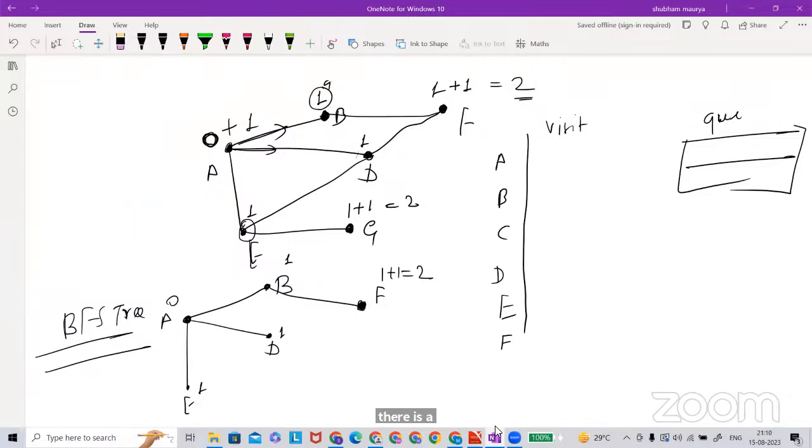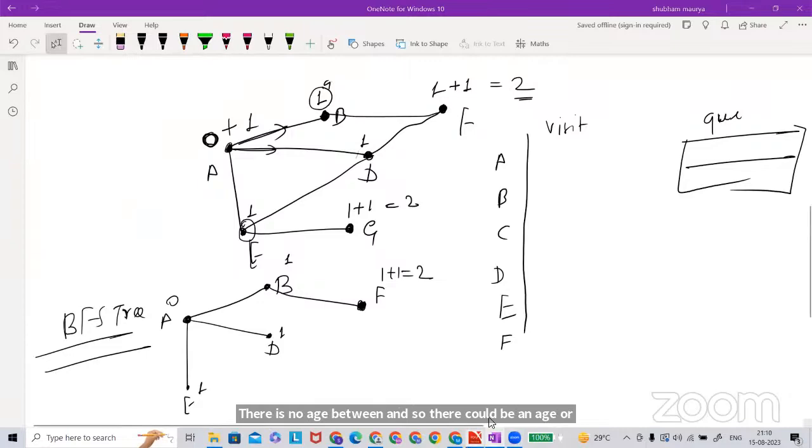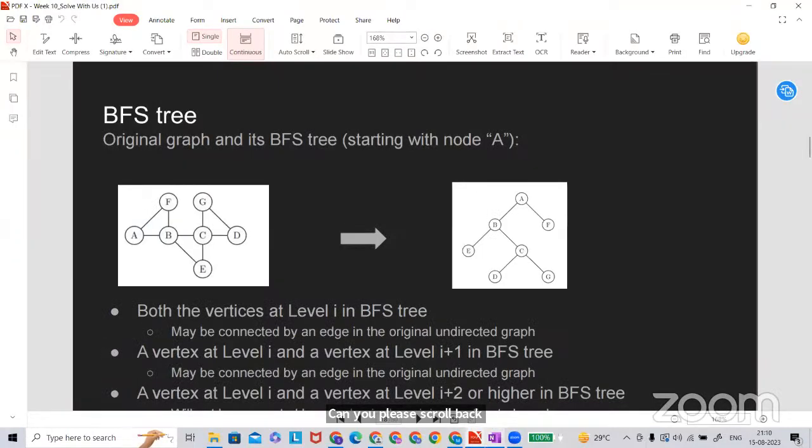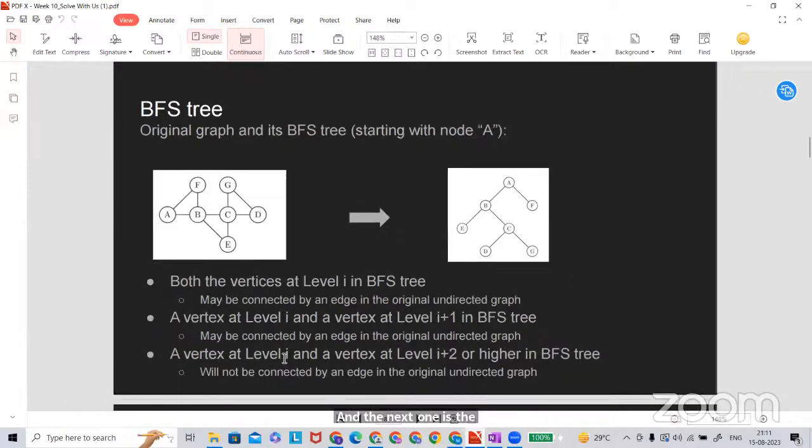But with respect to E, there is no edge between A and E. So there could be an edge or may not be. Can you please scroll back to the previous slide? Yes, sir. Thank you.